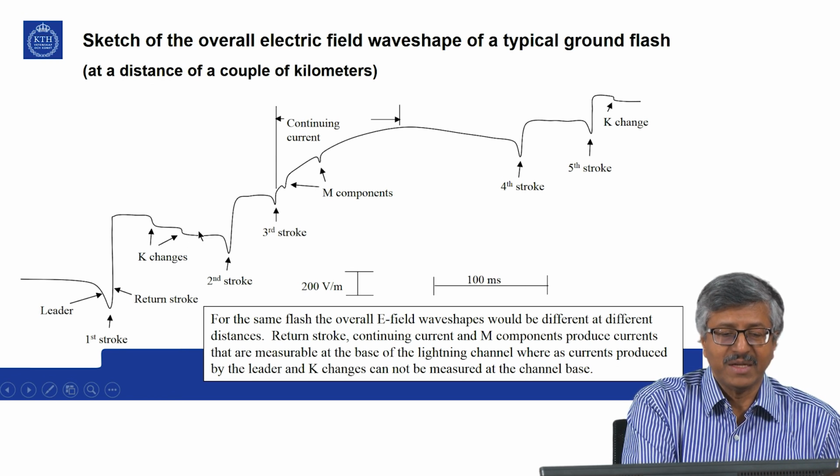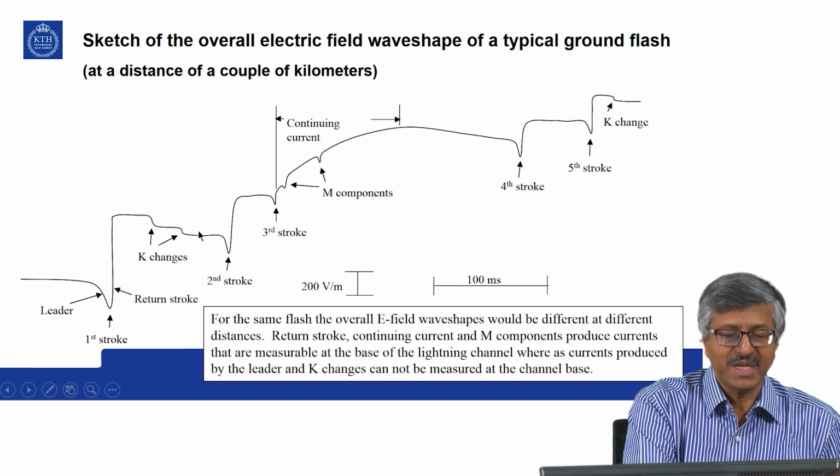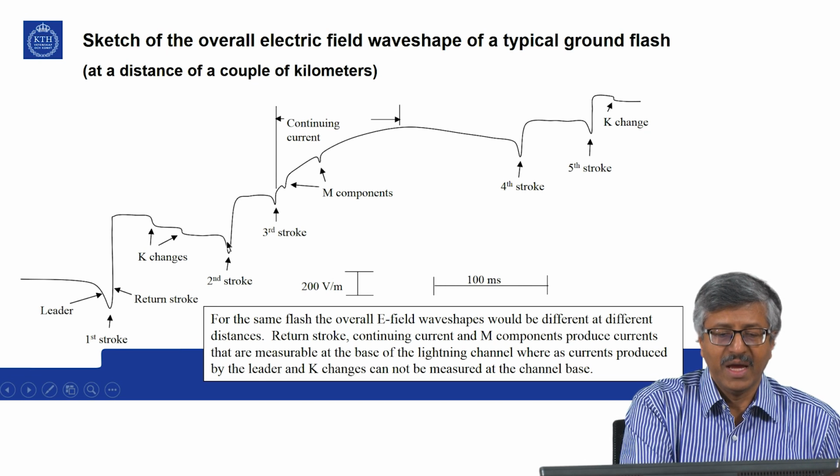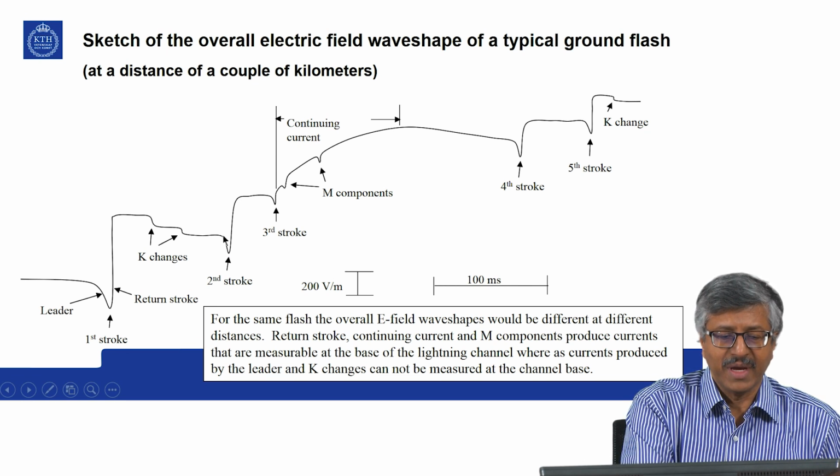Then after that, along the previous channel there may be another leader coming down, and these leaders are called dart leaders or subsequent leaders, again on a millisecond scale.